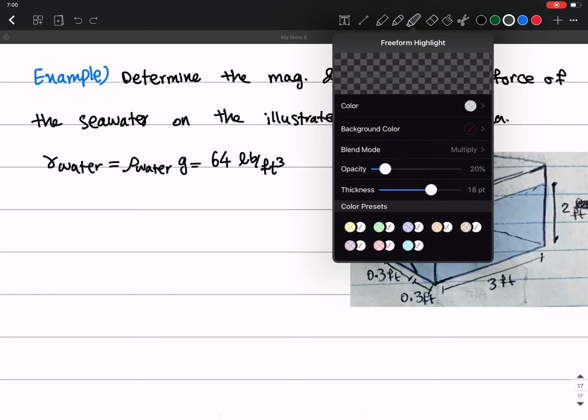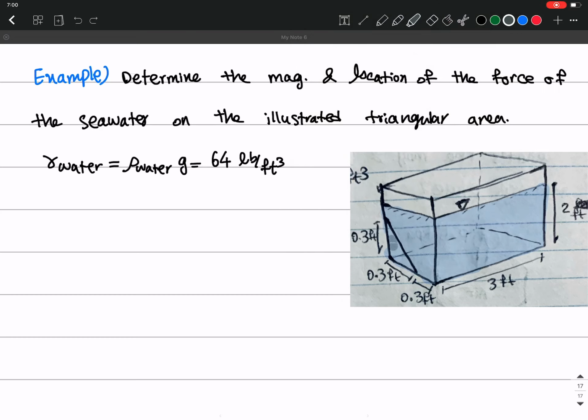Okay, so let me show this with this color. So this is a vertical plane, right? This is not inclined.